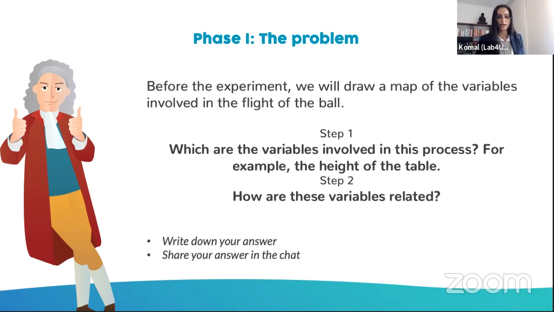Okay, so we have to take all the variables that we noted down and connect them through lines. For example, Lisette suggested velocity and acceleration.